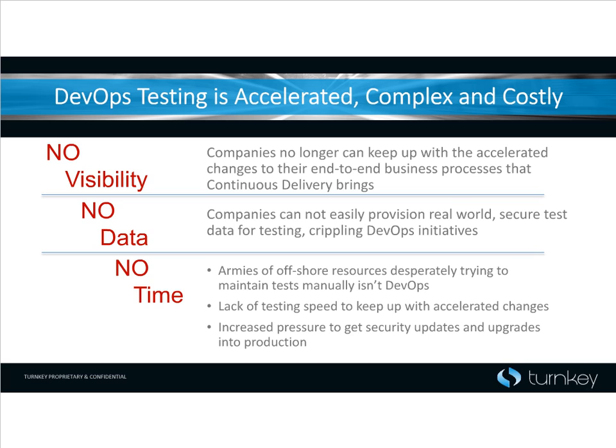The increased pressure to get security updates and upgrades into production on your applications can also significantly impact the DevOps process. All of these things have to be taken into consideration as you build your process and you weave quality into the DevOps process. And of course, without having quality woven into that process, it really looks more like Agile than it does DevOps. So this is really a critical element of the DevOps concept.